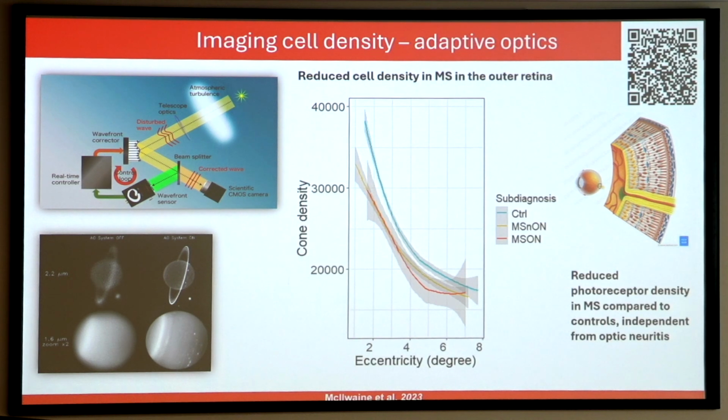And so when we counted these cells and measured their density, we found that MS eyes all showed a reduced number of these cells, so reduced cone density. These are cone photoreceptor densities, which is interesting. This is independent from optic neuritis, and it may actually reflect some sort of background disease activity or disease progression, which is otherwise not seen.